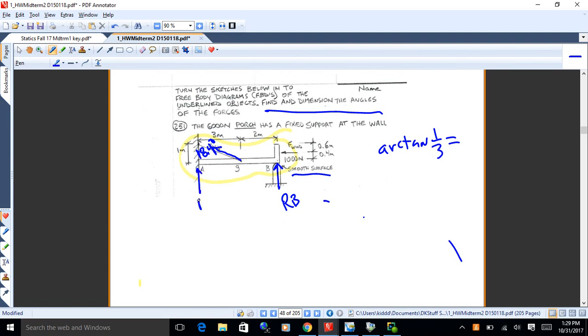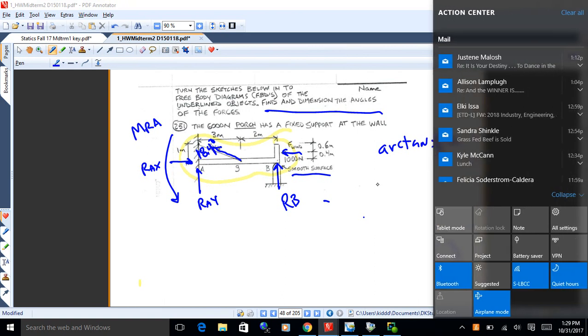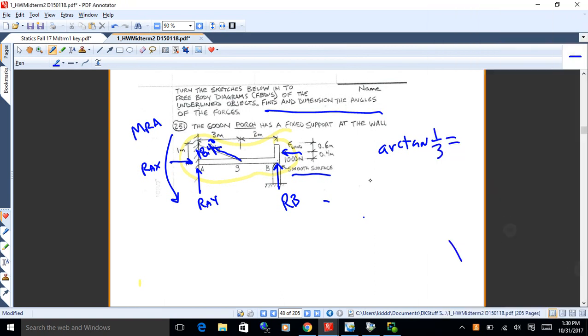So that has an RAY, an RAX, and a reactive moment. And then we got this wind force over here. So there you go, there's the free body diagram for that. So that's 18.4 degrees.